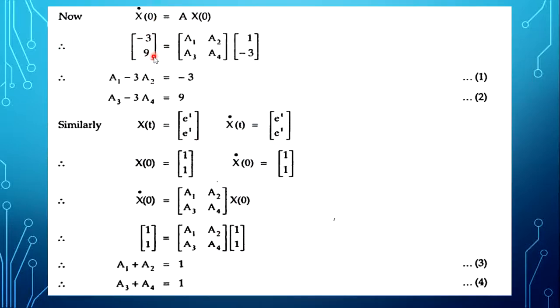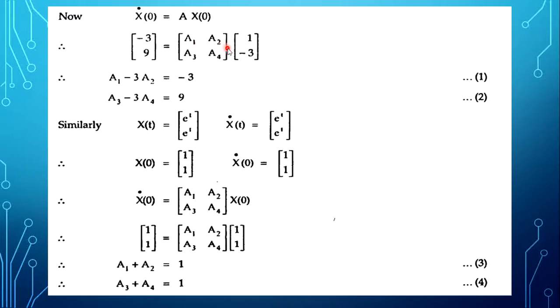X dot of 0 we found. A matrix we consider as a1, a2, a3, a4, and x of 0 is [1, -3]. Now this is a matrix, so we can expand the matrix in the form of equations. That is what we are doing here.